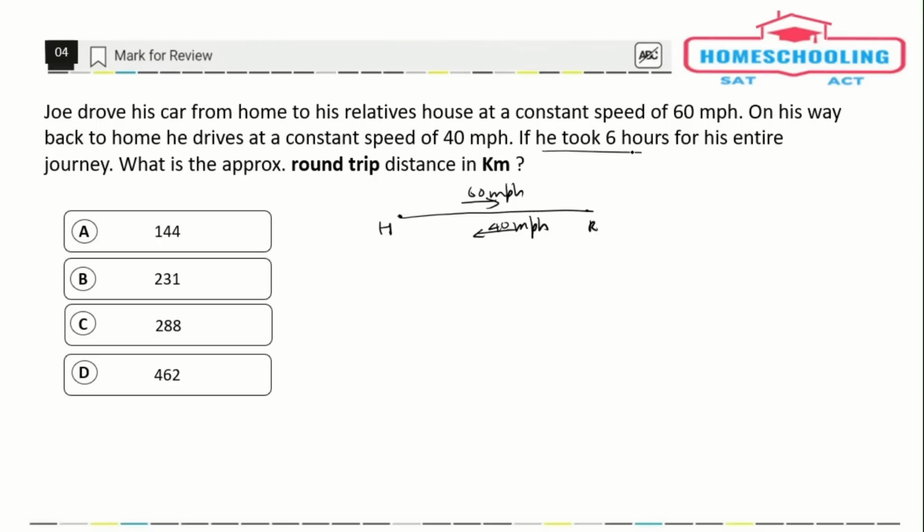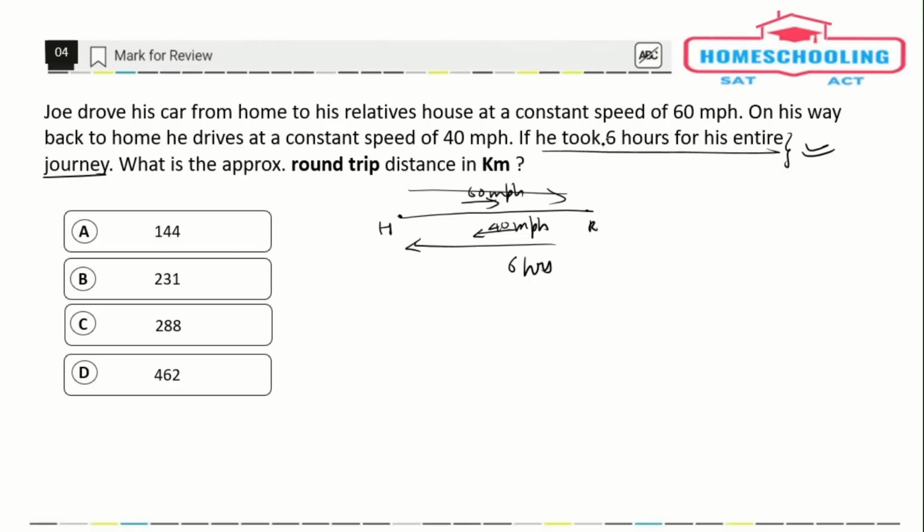So this is important. This is the key information given in the question. Going to the relative's house and coming back home, these two times, the time from home to the relative's house and from the relative's house back to home, cumulatively take 6 hours.